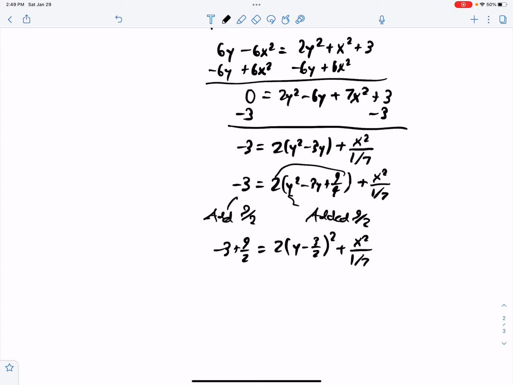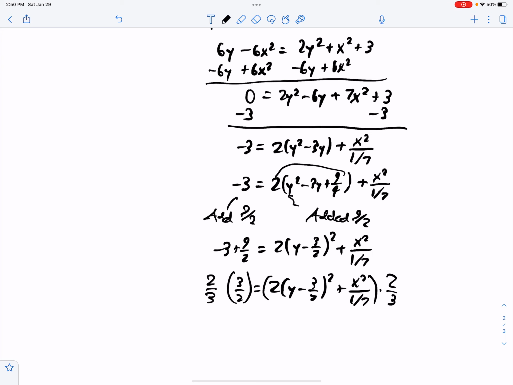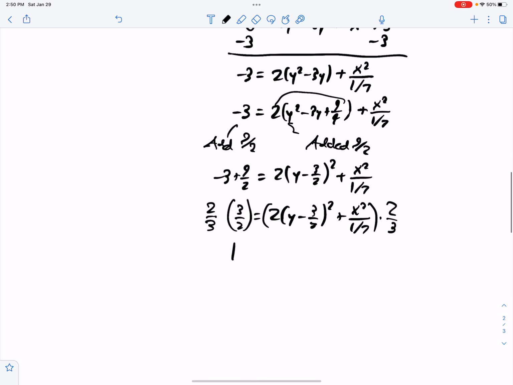And this again will be a 3/2, and we'll have a 2 times y minus 3/2 quantity squared plus x squared over a 7th. Multiply both sides by 2/3. And we'll wind up with 1 equals 4/3 times y minus 3/2 quantity squared plus 2x squared over 3/7.